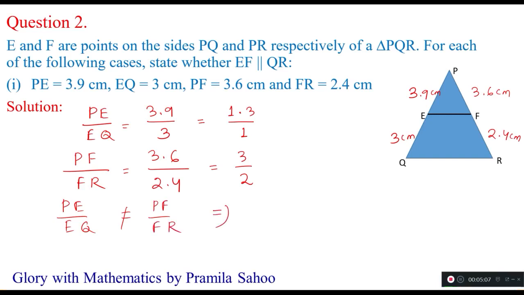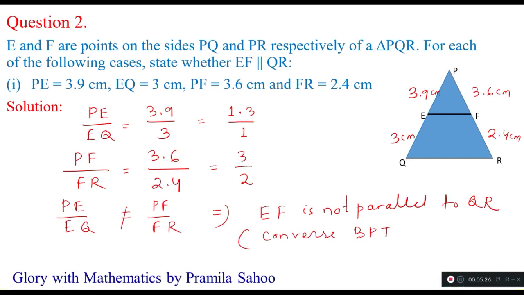So this implies EF is not parallel to QR, according to the converse BPT theorem, the converse of the basic proportionality theorem.